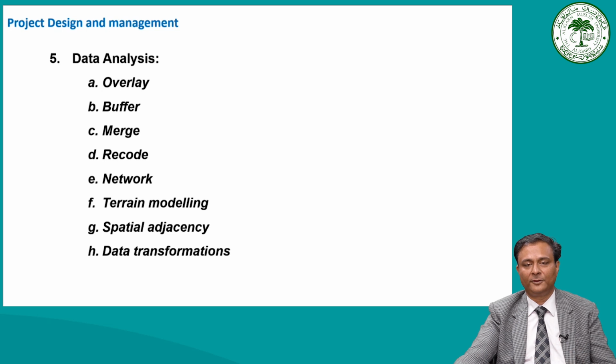Some of the widely used data analysis procedures are overlaying, buffering, merging, recoding, network analysis, terrain modeling, spatial adjacency in the context of topology, and also data transformations. Data transformation adds value to the information.